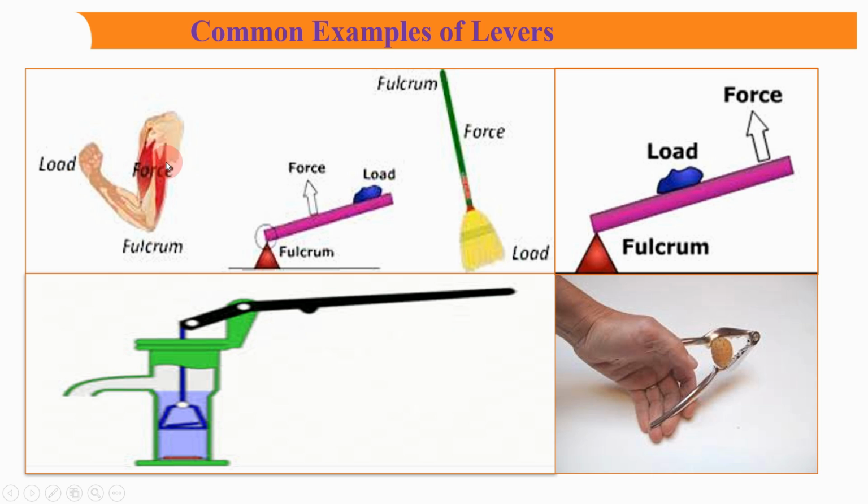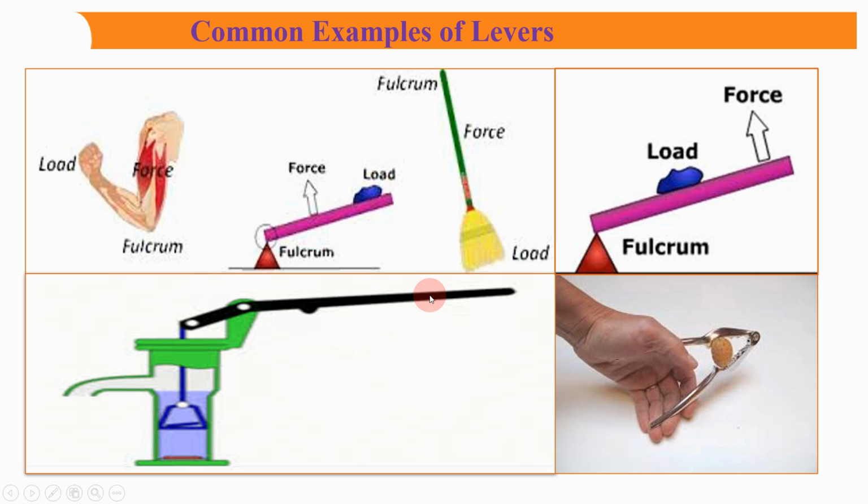Similarly, if you are in a gym lifting a dumbbell, the same principle applies. Your forearm is going to turn about this fixed point called the fulcrum, so the forearm also acts as a lever. Here this is the fixed point, which is the fulcrum, this is the force, and this is the load which is to be lifted.